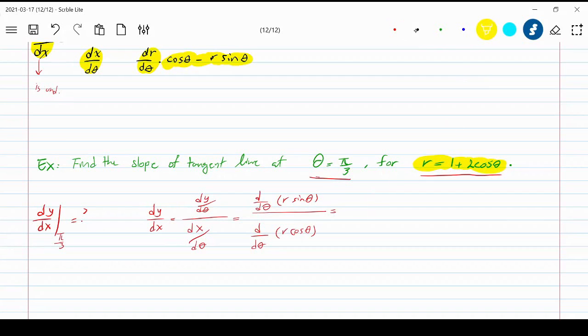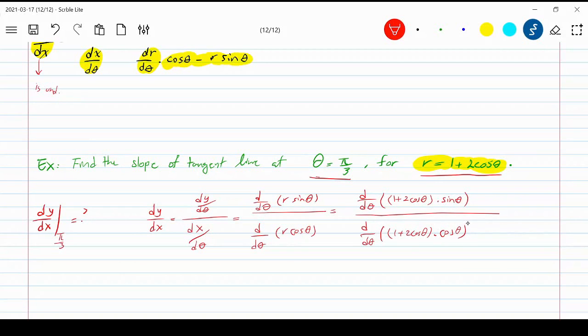So instead, what I am looking for is the derivative with respect to theta of 1 plus 2 cosine theta times sine theta. This is r times sine. And similarly, the derivative with respect to theta of 1 plus 2 cosine theta times cosine theta. So this is basically what you're looking for.